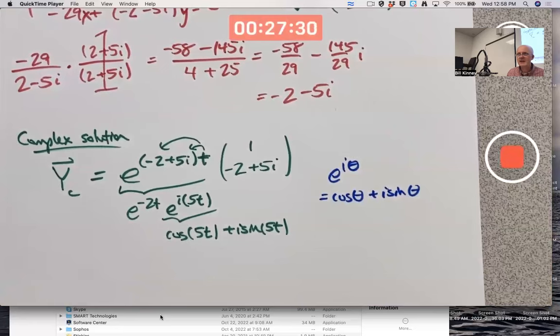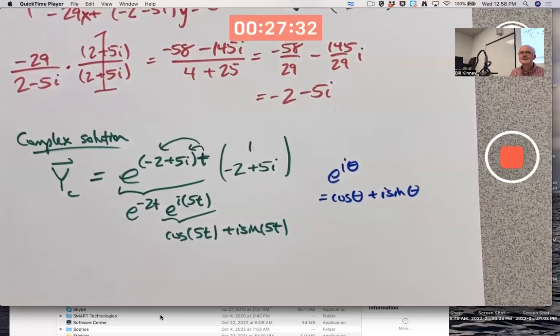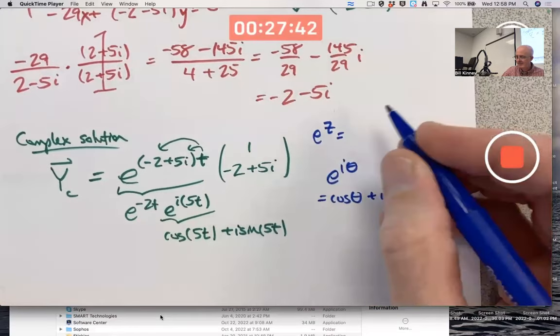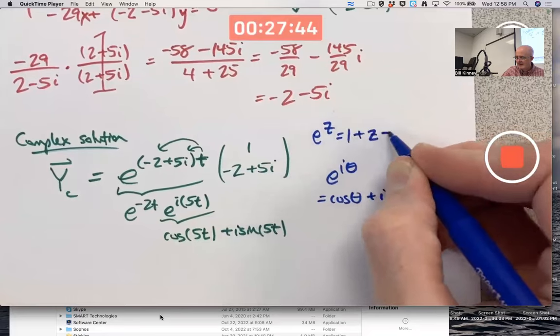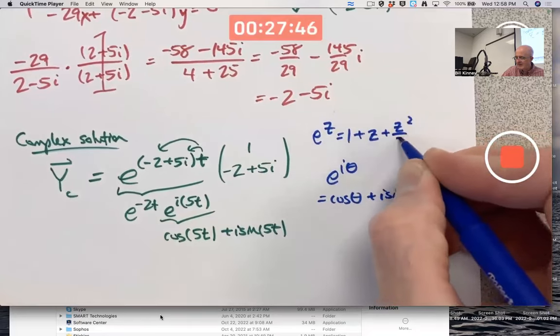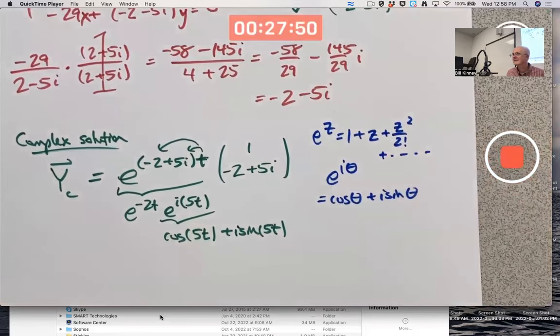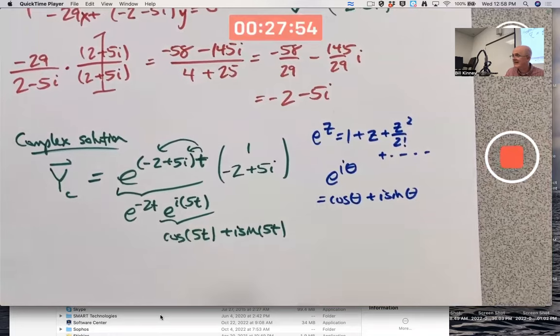A more satisfying approach, though not real rigorous, as we usually do in calculus at least, is to use the power series for e to the z and replace z with i times theta, where i is the imaginary unit, and simplify it. And then use the Taylor series for cosine and sine.